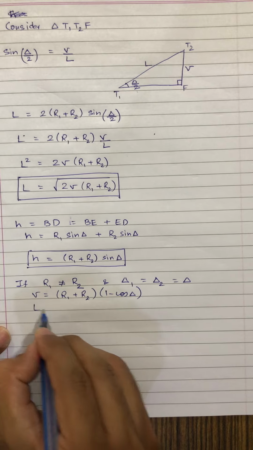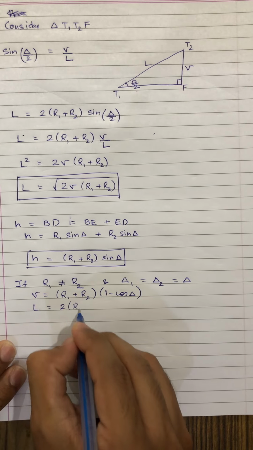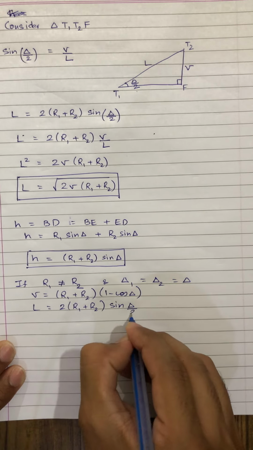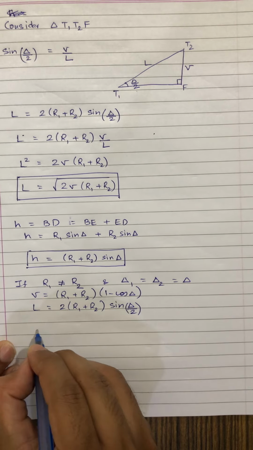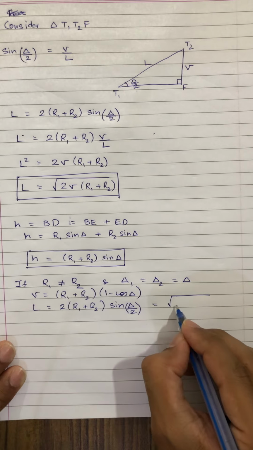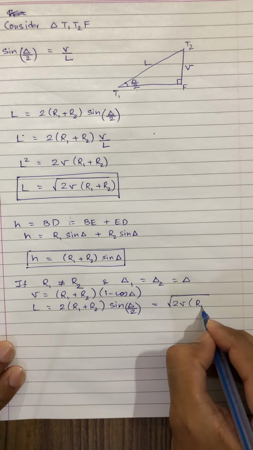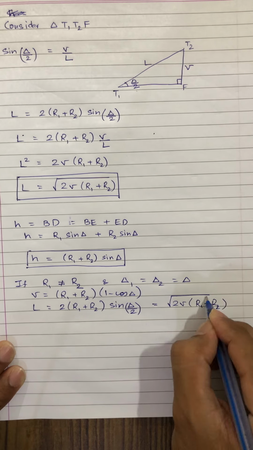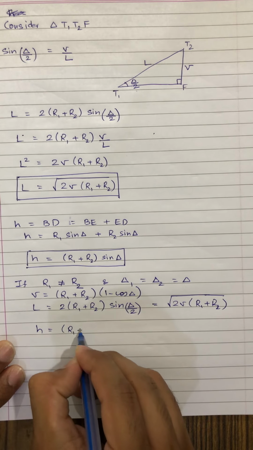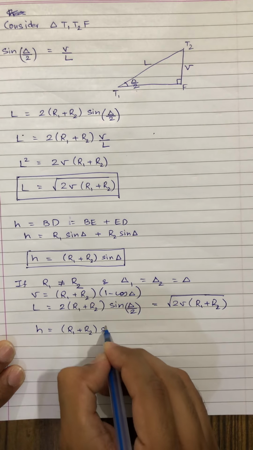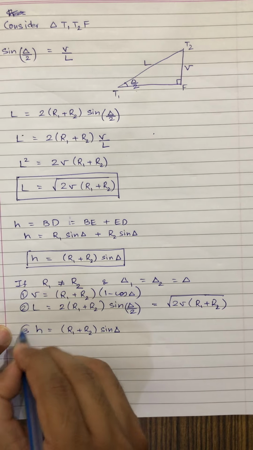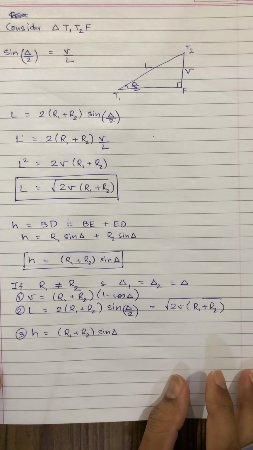L is given as 2 into R1 plus R2 into sine delta by 2, or L is also given as under root of 2V into R1 plus R2, and H is given as R1 plus R2 into sine delta. These are the three equations, V, L and H.